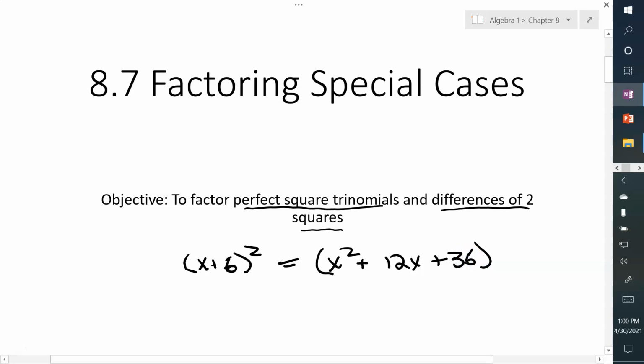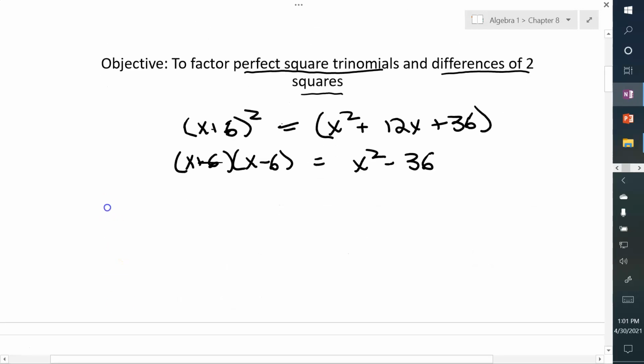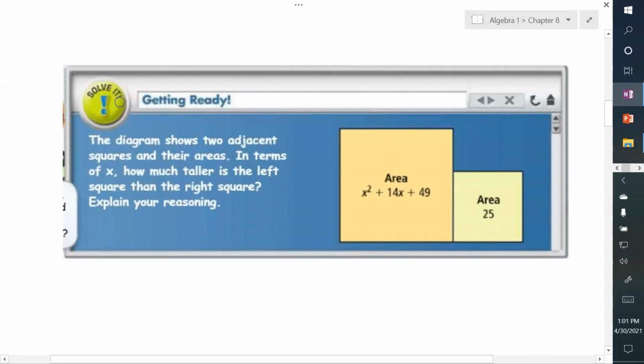We're going to go the other way. We're going to start with x² + 12x + 36, and we're going to get (x + 6)². And same thing with difference of two squares. If I gave you (x + 6)(x − 6), you could tell me that was x² − 36. Okay, we're going to go backwards. If I give you x² − 36, you should be able to tell me (x + 6)(x − 6). So let's go ahead and get our first problem.